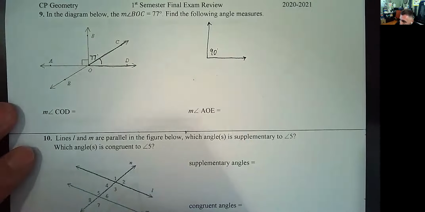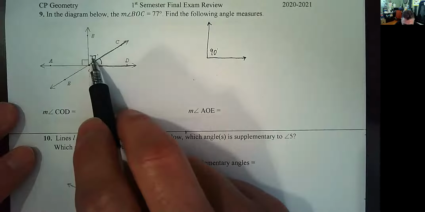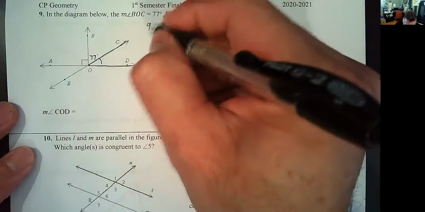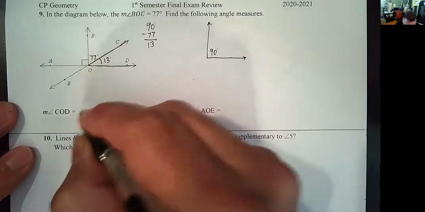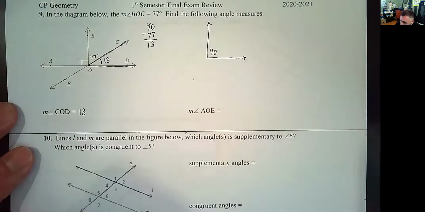So if I want to figure out what the measure of this one is, take 90 and subtract 77 from it. You get 13. So I know COD is 13 degrees.